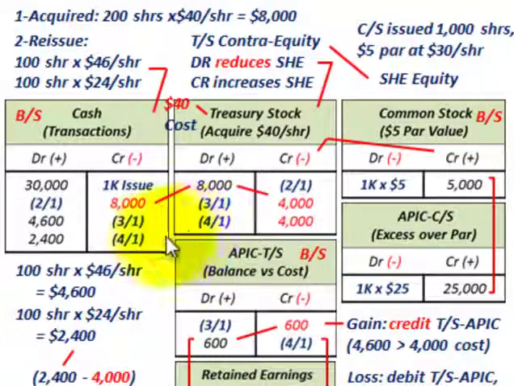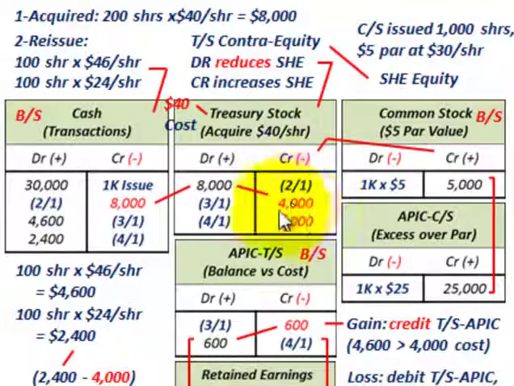Okay, now let's look at reissuing the remaining 100 shares at $24 per share. So we'd go down into our cash account, debit that for $2,400, and then the balance would go over to our equity, our treasury stock. Because we reissued 100 shares, again we go back to our $40 cost per share, and that's $4,000.